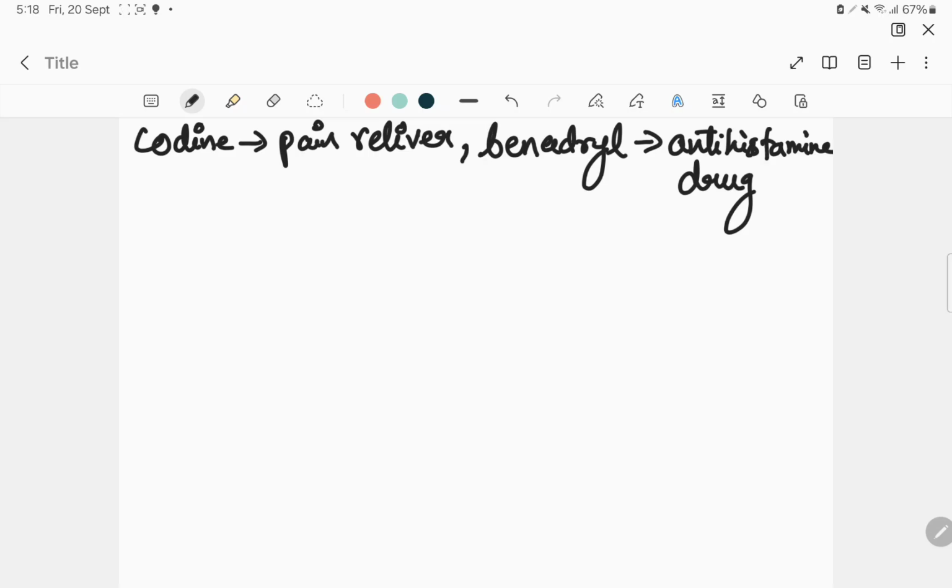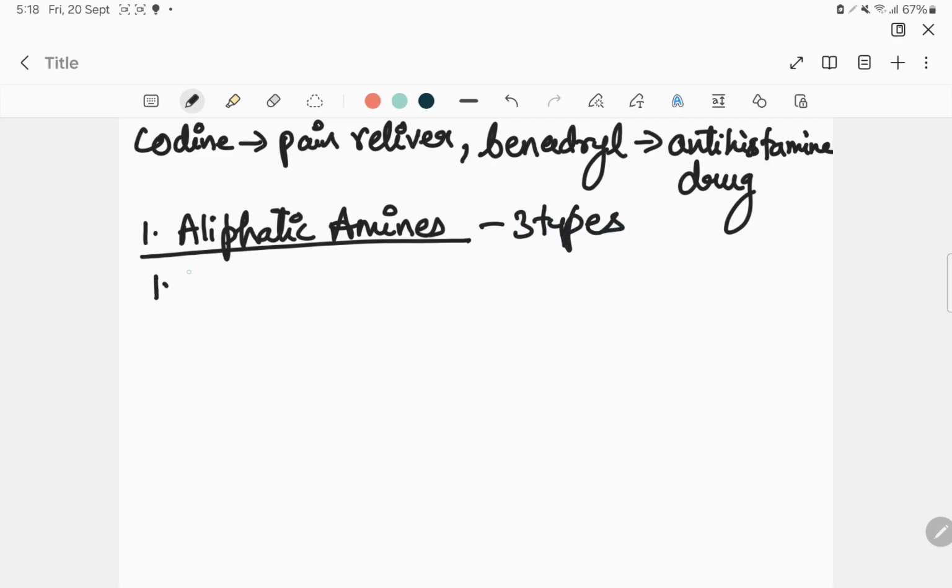So we are going to do two types of amines. First aliphatic, and second, aromatic amines. So let's start first with aliphatic amines. These are of three types.